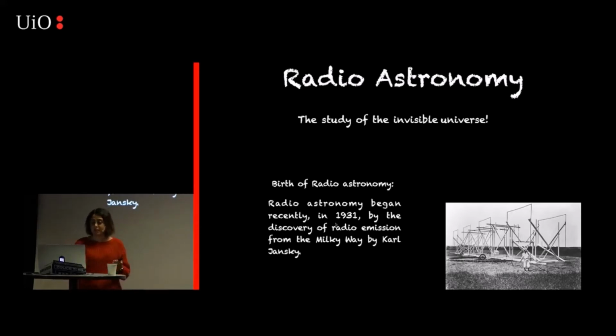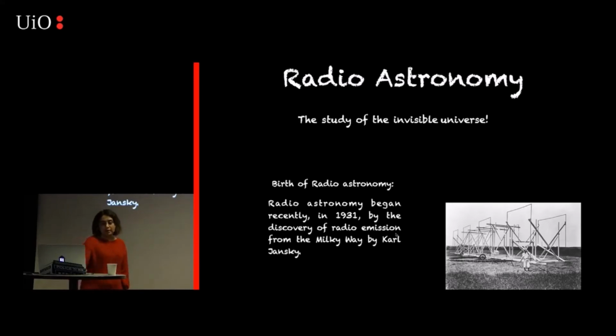And this is a picture of him and the antenna that he used to detect this radio emission. By continuing his observation, he realized that the source of this noise is celestial and not from the Earth. And this was the beginning of radio astronomy.